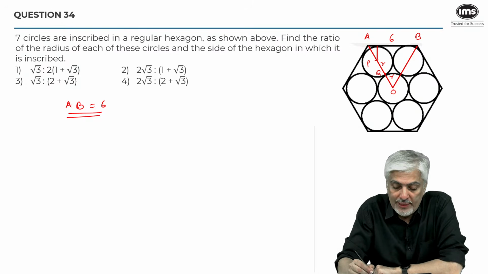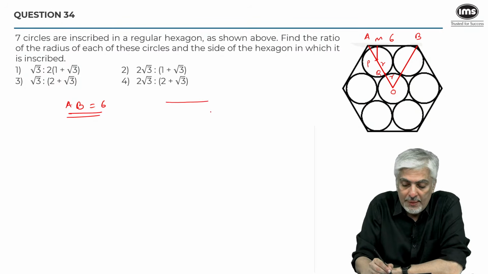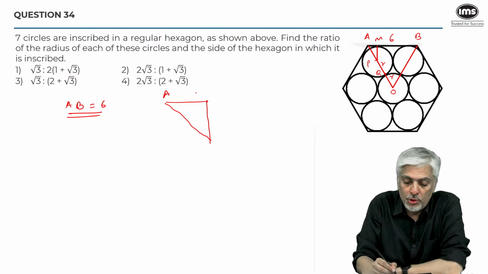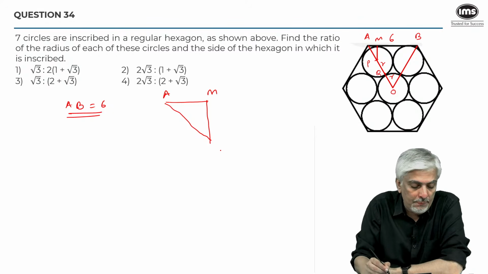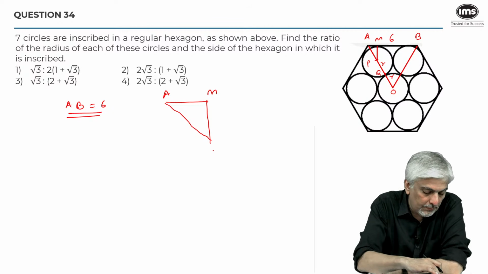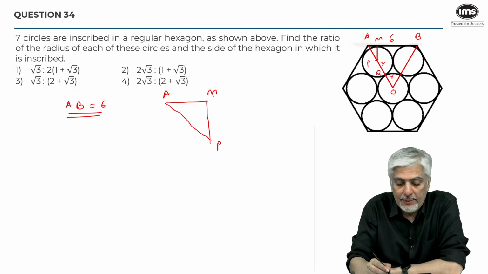So I've dropped a perpendicular from P, let's call it PM. And now I'm going to consider a triangle AMP. I've just come to the rough work and I'm drawing triangle AMP. Okay. Now, what is angle MAP?